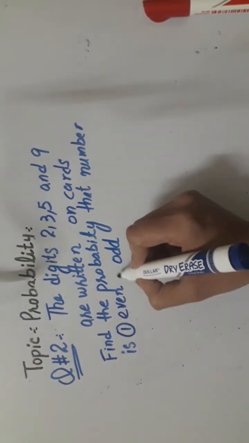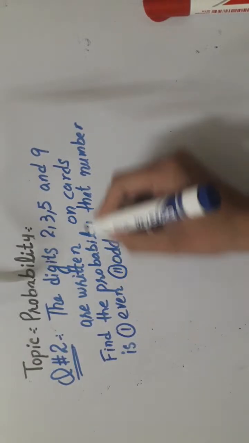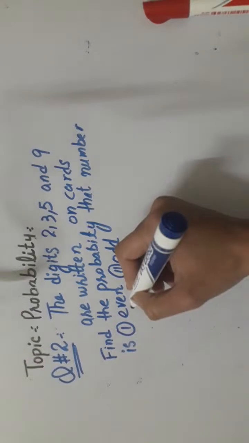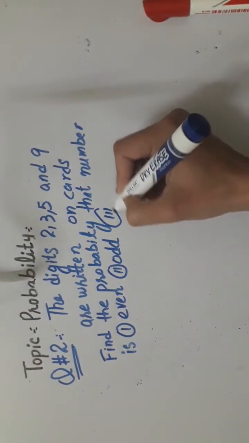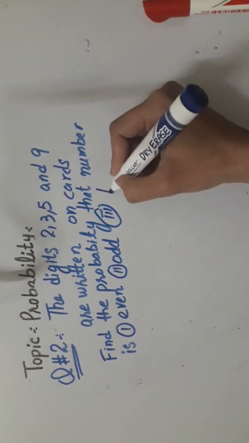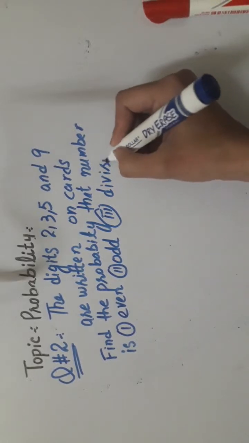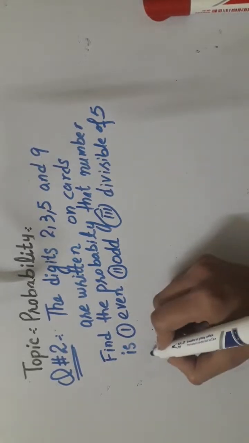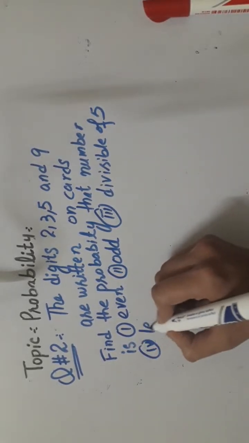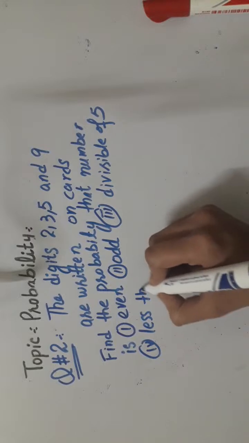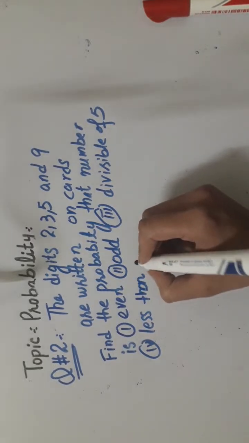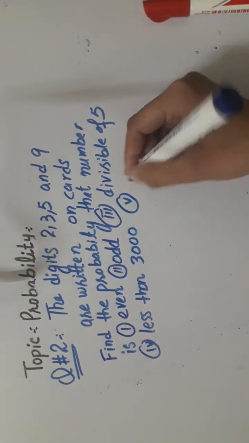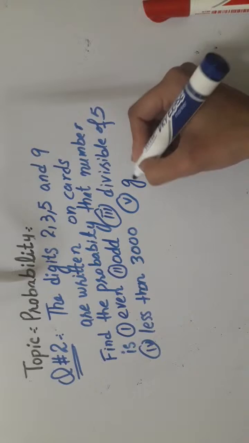You have 3 questions in this. You have to find the probability that the number is even, odd, divisible by 3, divisible by 5, less than 3000, and fifth is greater than 5000.